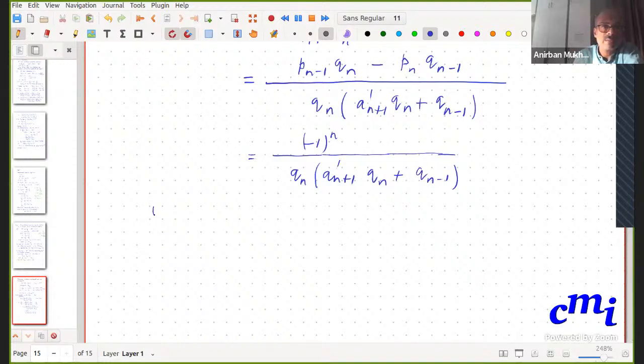So now we write Qn dash, just to make it a bit shorter.